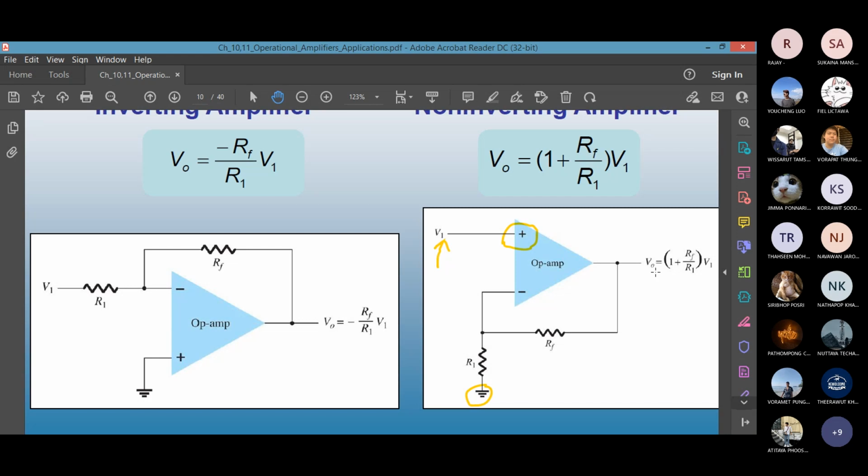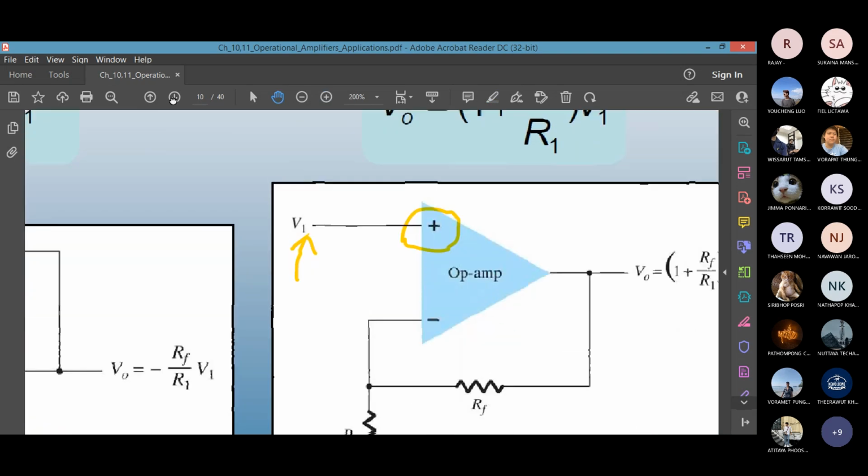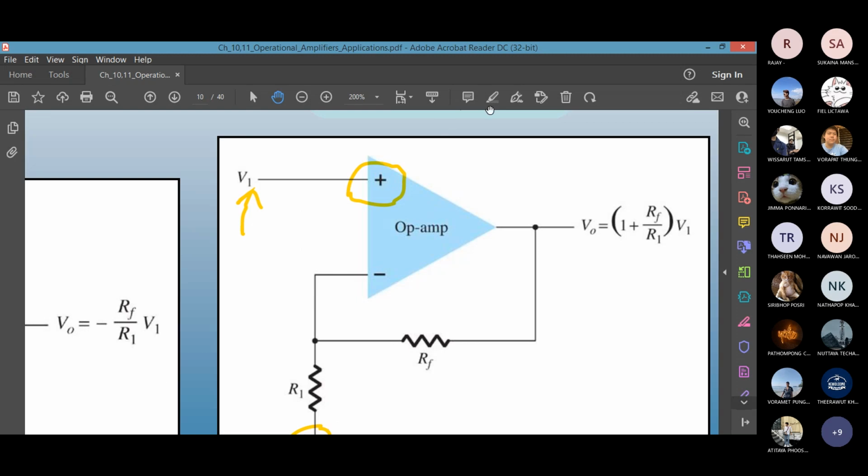Can we derive it? We can definitely derive it. How do we derive it? What are the assumptions that you have to make? First of all, remember for an op amp, V plus equals V minus.